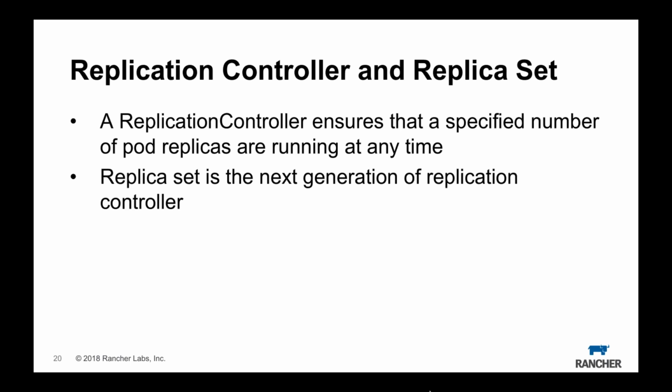And the replication controller will ensure that those many replicas are always available. So Kubernetes orchestration engine, once you provide it a replication controller or a replica set, which is just the next generation of the replication controller, the Kubernetes engine will make sure that the said number of replica pods are always available.